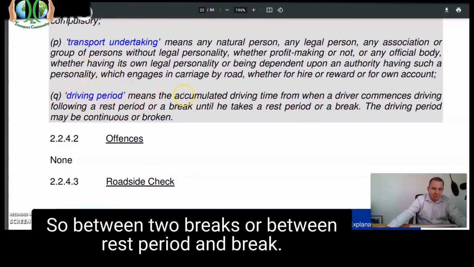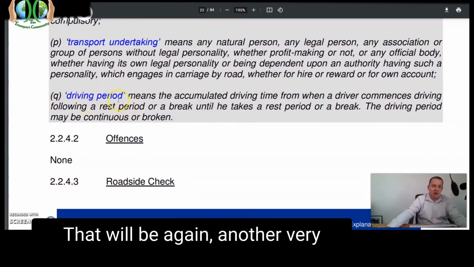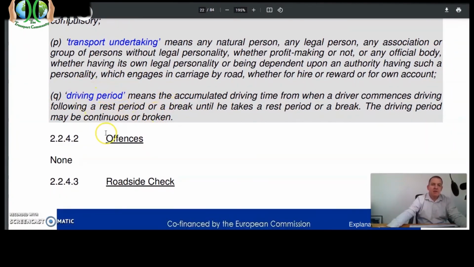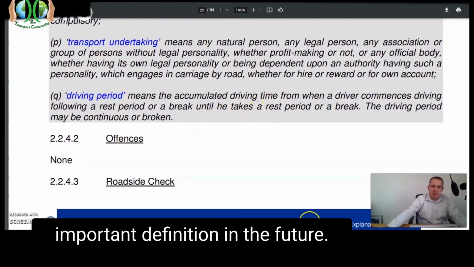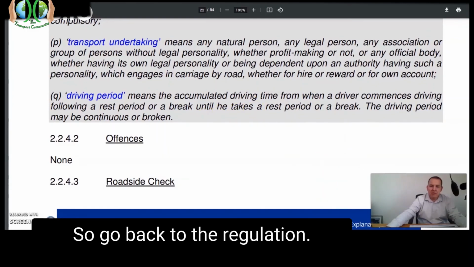So between 2 breaks, between a rest period or a break altogether, but that will be again another very important definition in the future.